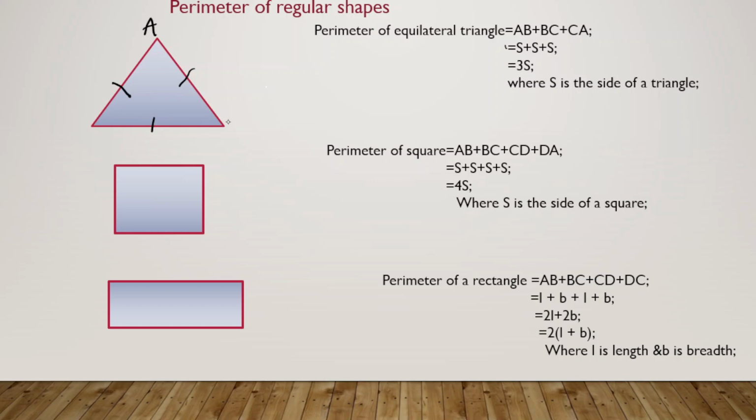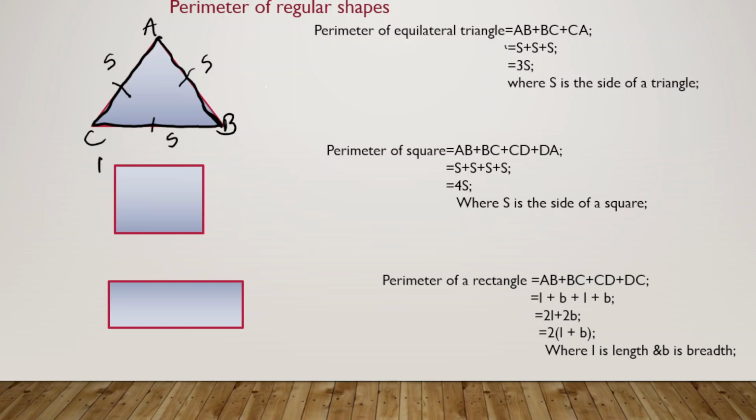Suppose this is A, this is B, and this is C, and let's assume the side as S. We need to start from A, and the distance covered along all the boundaries of the closed figure: AB is S, BC is S, and CA is S. So S plus S plus S equals 3S. The perimeter of the equilateral triangle is 3S, where S is the side of the triangle.